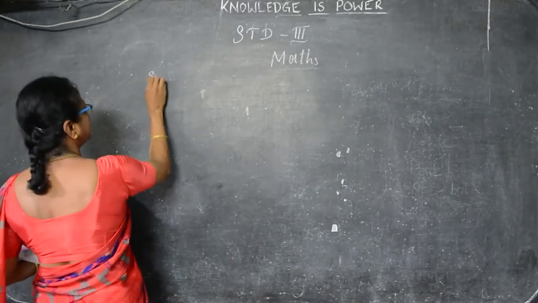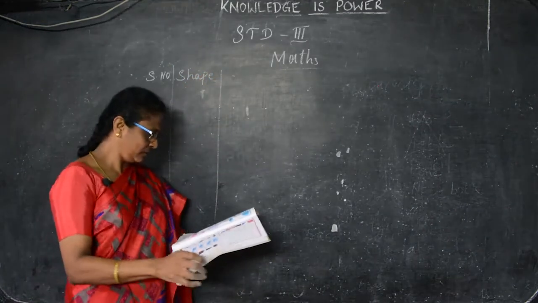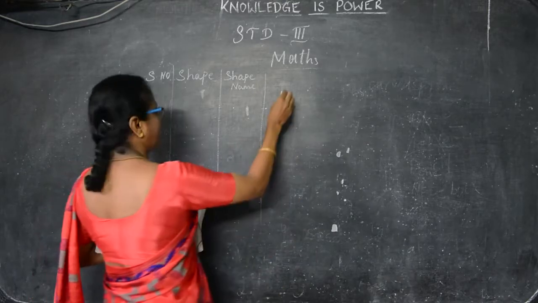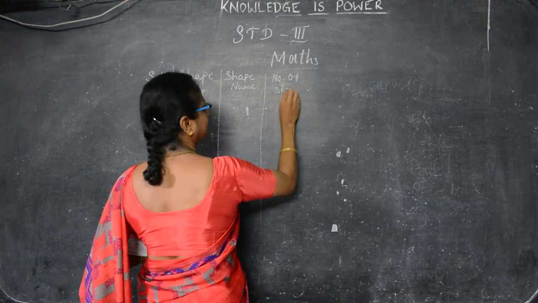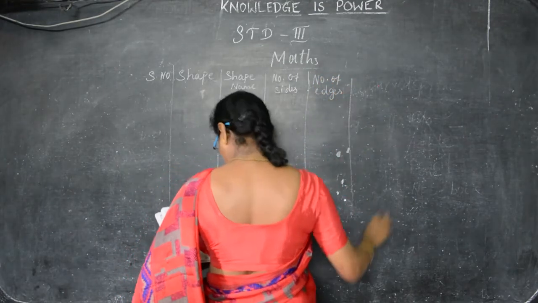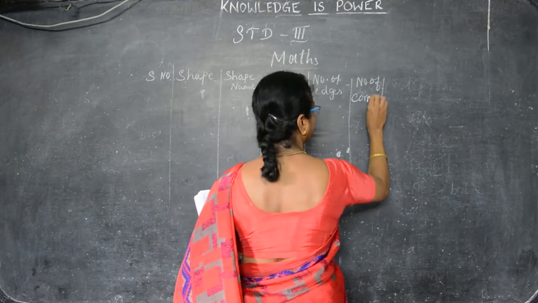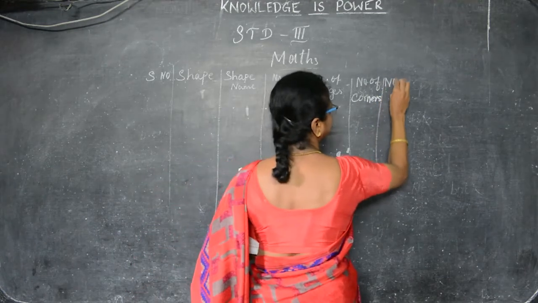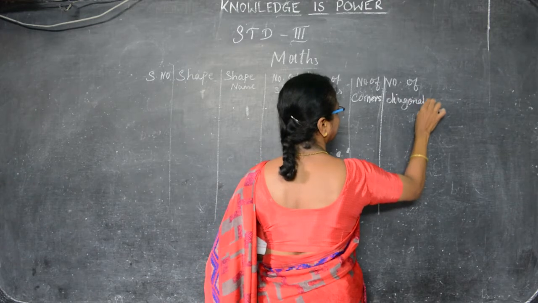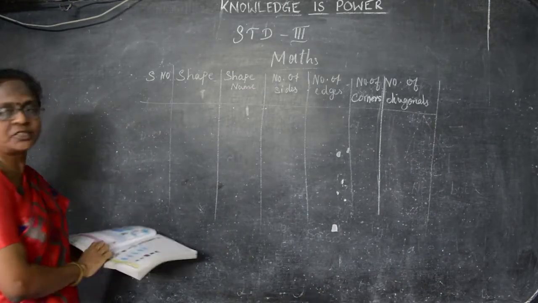So in this I will draw the shapes and you can say whether it is a 2D or 3D shape, the shape name, number of sides, number of edges, number of corners and number of diagonals.